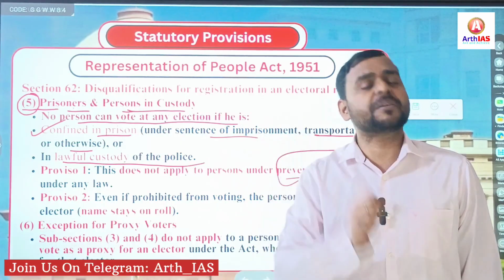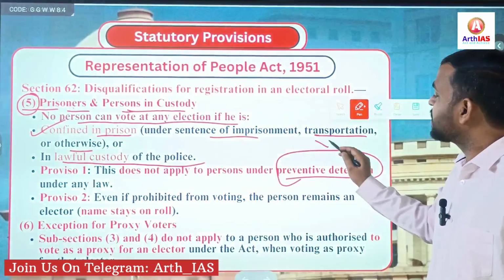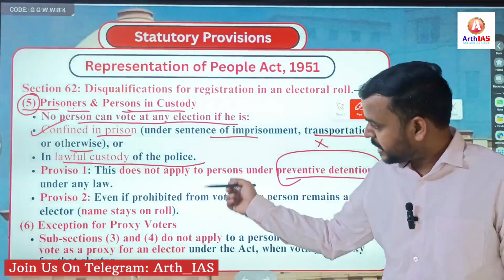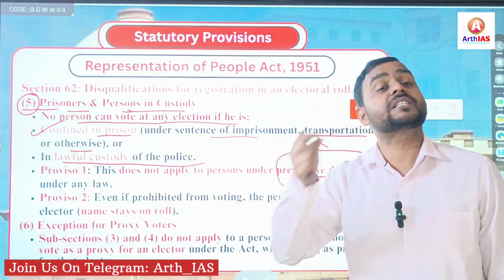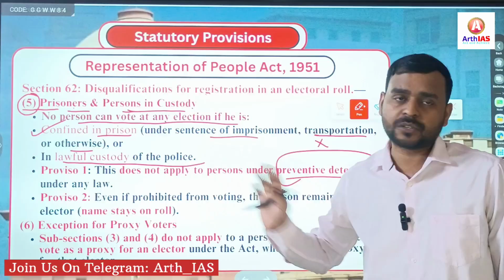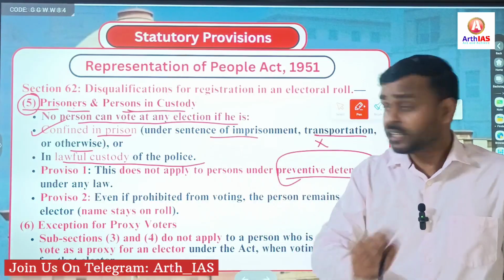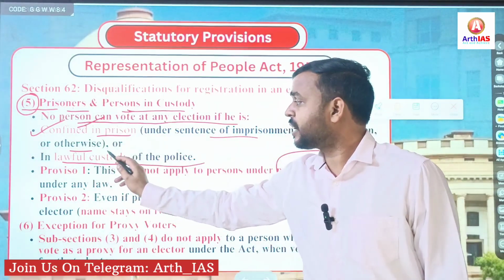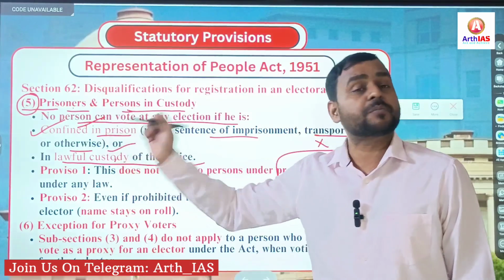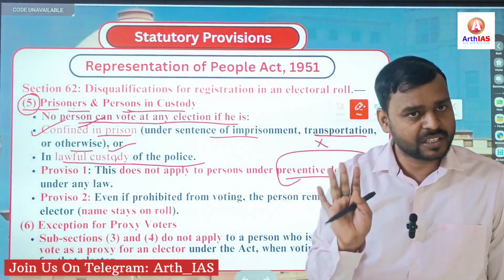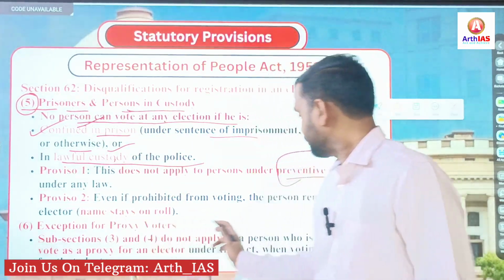That is called preventive detention. So preventive detention is the exception. If a person is under preventive detention, he or she is allowed to vote. Clear? But those who are confined in prison or under lawful custody of police, both these persons are not allowed to vote. Simple.